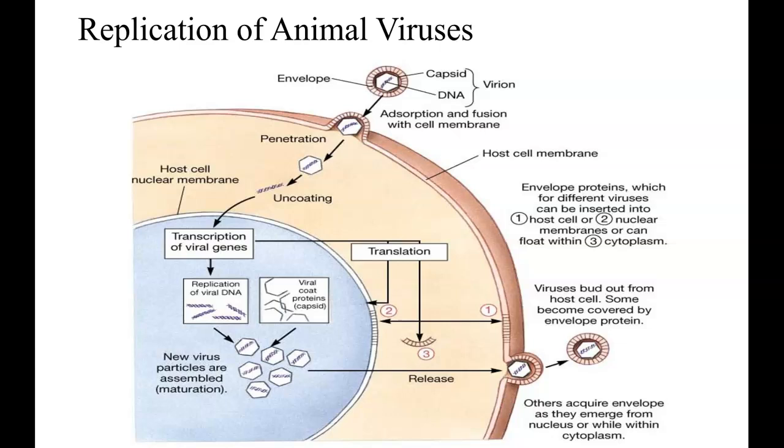So if you take a look at this picture right here, one of the things that we said about the envelope that was an advantage is that it actually allows that virus to gain access into the cell. So if you take a look right here, as we kind of meet up with the membrane of that cell, that virus with that envelope can kind of meld into that cell. So it kind of gives it an easier passageway into that cell.